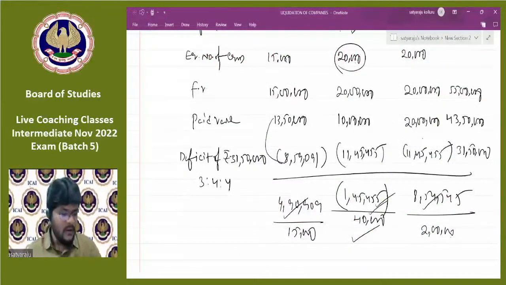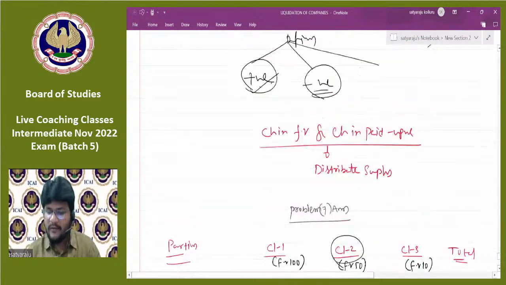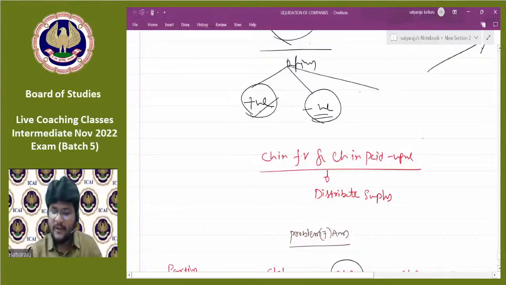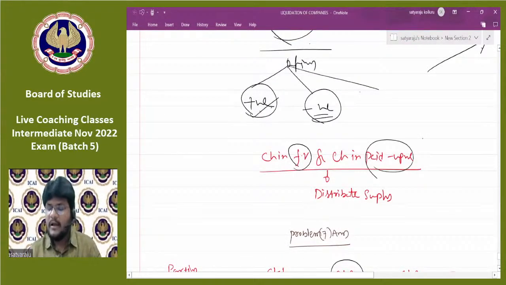Same thing. Hope you understand. Only one thing here I want to highlight: whenever there is a change in face value as well as a change in paid up value, then along with the distribution of deficit, you should also keep in mind that you should apply the equivalent number of units concept. Am I right, guys? Fine.